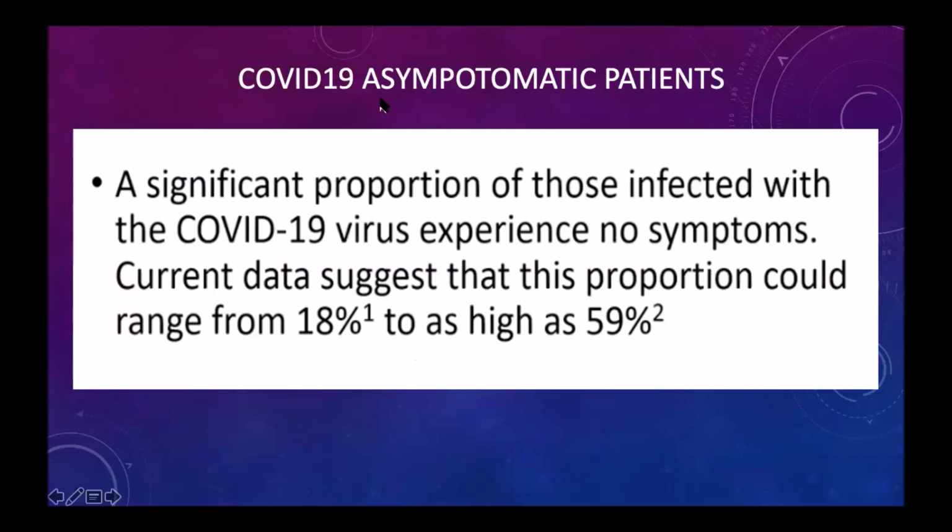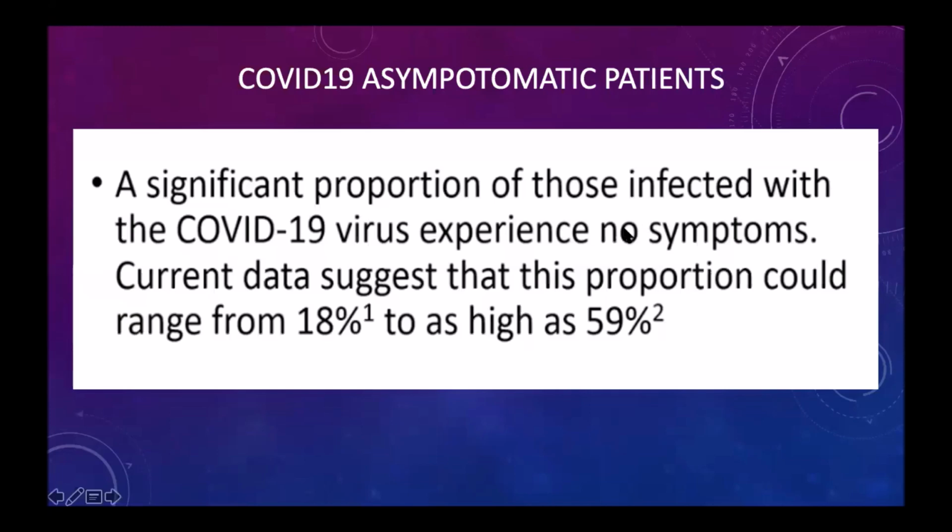Asymptomatic means A in Greek, or that could be Latin, yes, Pastor Glenn, but A means without. Symptomatic is having symptoms. So A, without, symptoms. We know now that there is a group of patients who get the COVID virus, but they have no symptoms. So they can be your brother, they can be your family member, they could be the pastor. So unfortunately, we don't know who carries this.